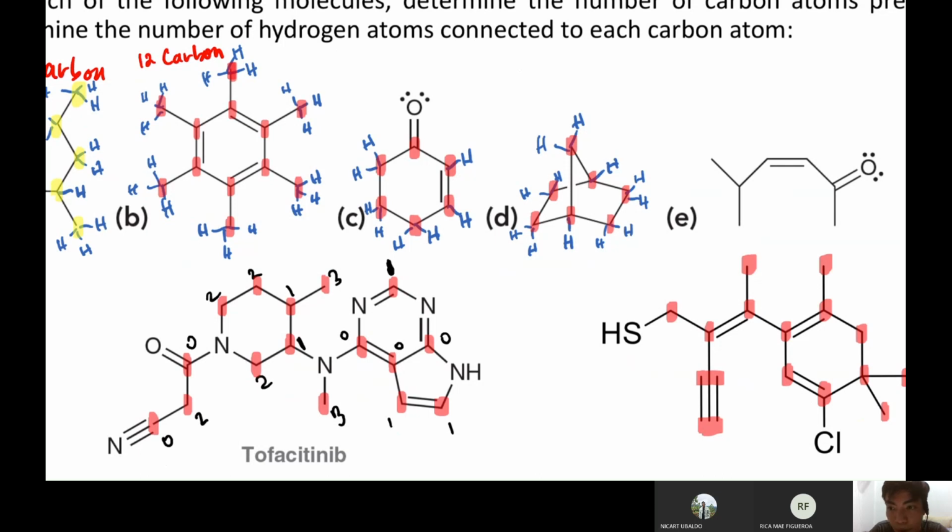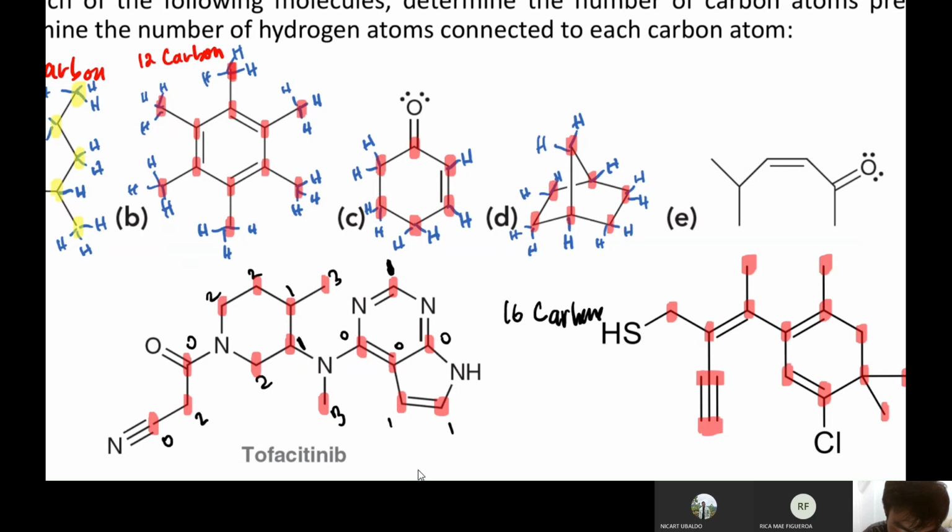So, that's the number of carbons and the number of hydrogens for tofacitinib na. So, we have 16 carbons. And how many hydrogens bilangin ko na? So, 2, 4, 6, 8, 10, 13, 16, 17, 18, 19.